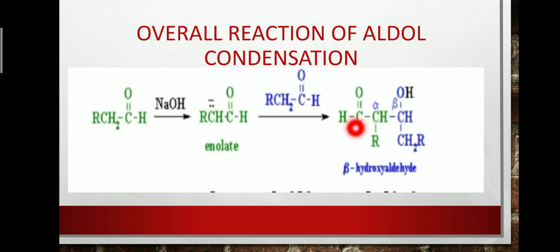This is the functional group aldehyde, this is the alpha carbon and this is the beta carbon, and on the beta carbon you have an OH group. So beta hydroxyaldehyde further undergoes dehydration and results in an unsaturated aldehyde.